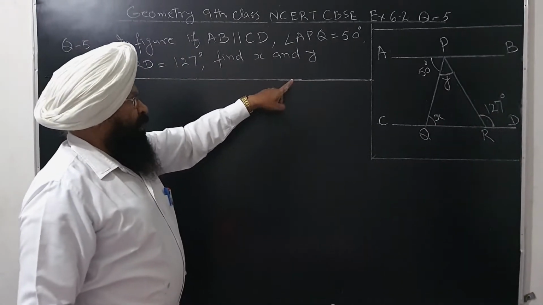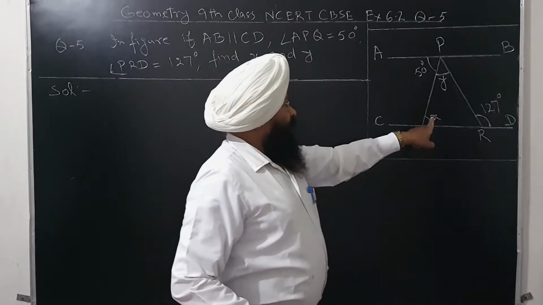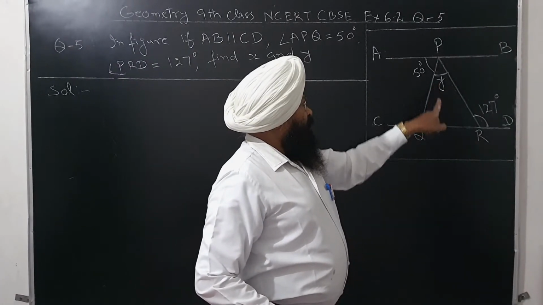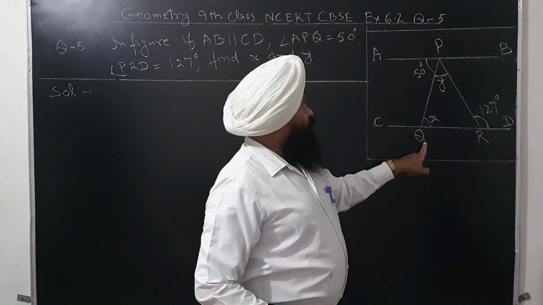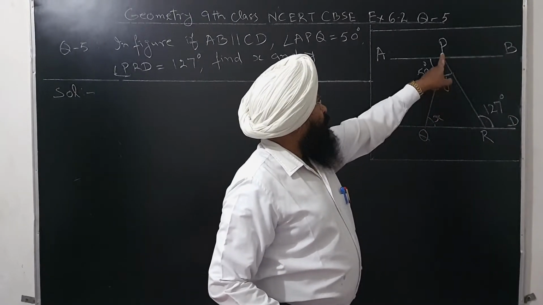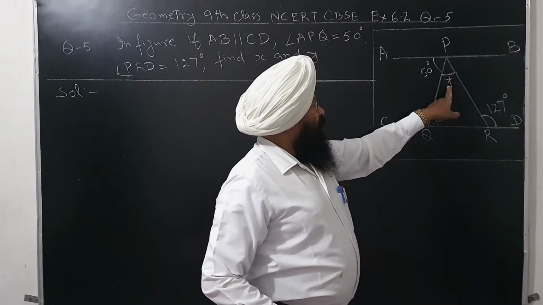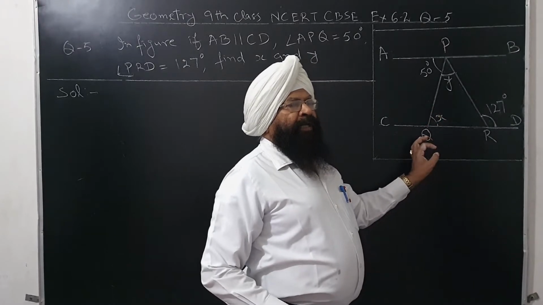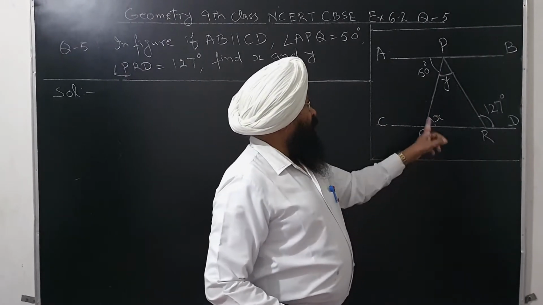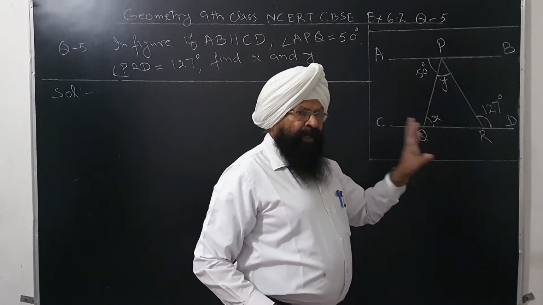Find X and Y. Here angle X and Y are marked, X at Q and Y at P, and we are to find the value of X and Y angles.